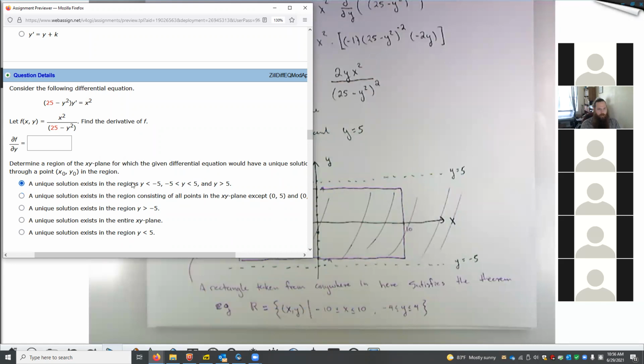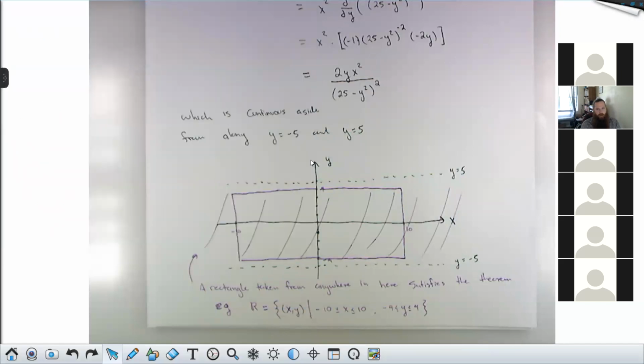But I could have also taken it from the region at the bottom or from the region at the top. You pick your favorite rectangle in any of those regions, pick a point from within that rectangle.